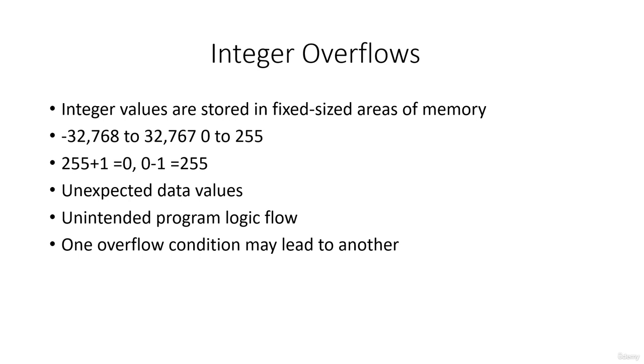One type of overflow can lead to another if an integer overflow condition results in the miscalculation of a buffer size, or a buffer overflow condition unexpectedly changes the value of an integer variable.